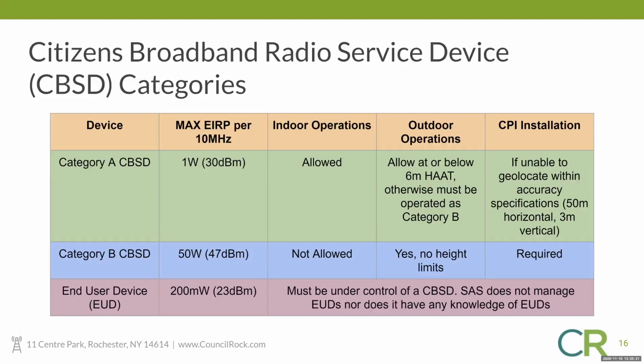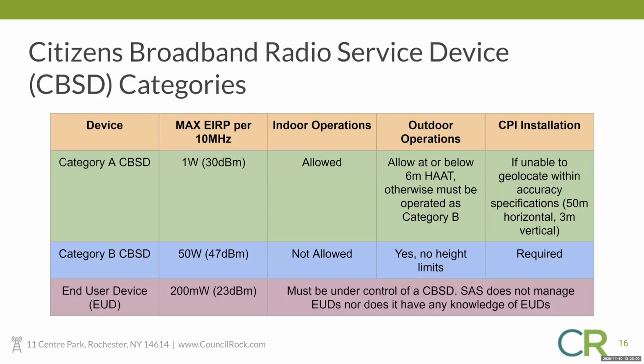If that's the case, then the CBSD is going to be considered a category B. And I mentioned CPI installation, so I'll talk about CPIs later, but if it's a category A and the device itself cannot communicate some things to the SAS, like the geolocation with some accuracy, if that information is not available from the CBSD to the SAS, then there is a need for the CPI to intervene and perform that installation.